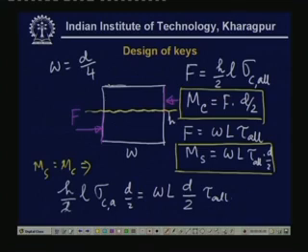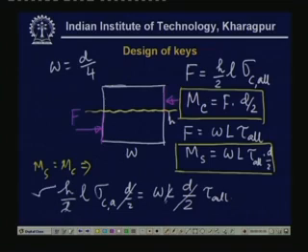then what we get is the following. Here the d by 2 cancels, and ultimately when we use that, then we get the following results.